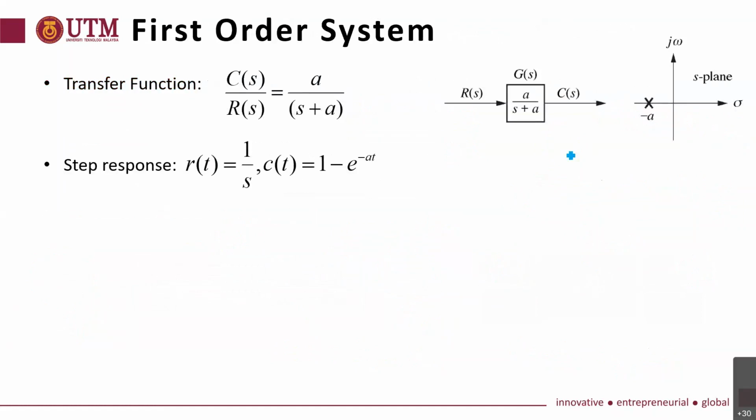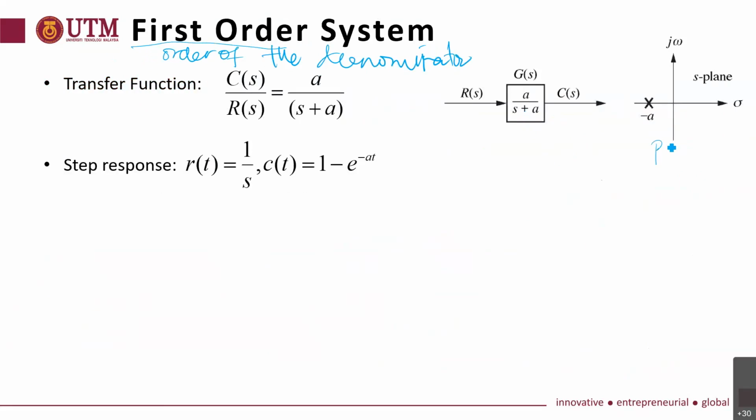Next, first order system. System order refers to the order of the denominator. The highest order is the system order. If it is, let's say, s to the power of 1, that means first order.